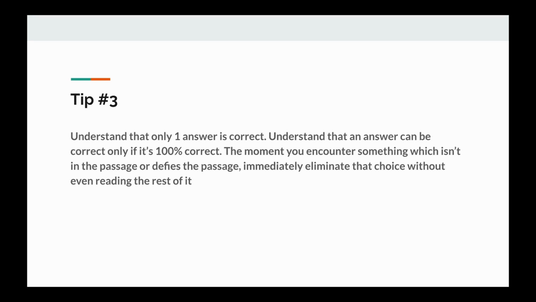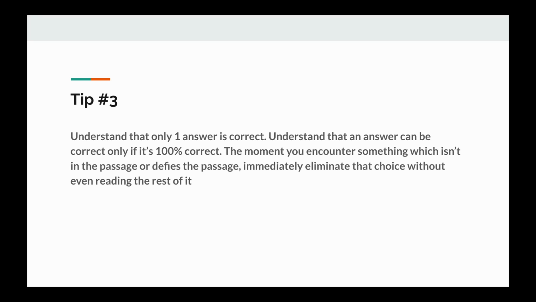The moment you encounter something which isn't in the passage or defies the passage, and this is a continuation of the last tip basically, you should immediately eliminate that choice without even reading the rest of it. And you should just build confidence because a lot of people are like, well, yeah, this might not be in the passage, but let me continue reading and maybe I will see something.